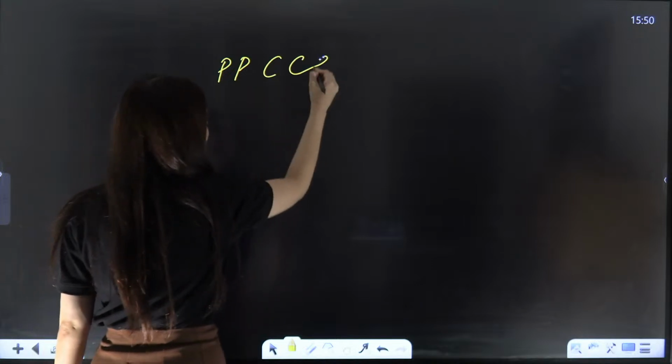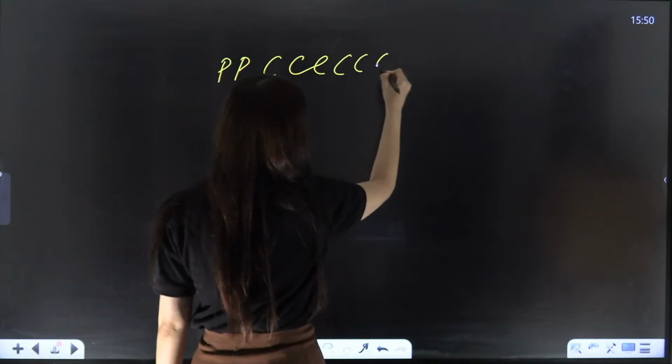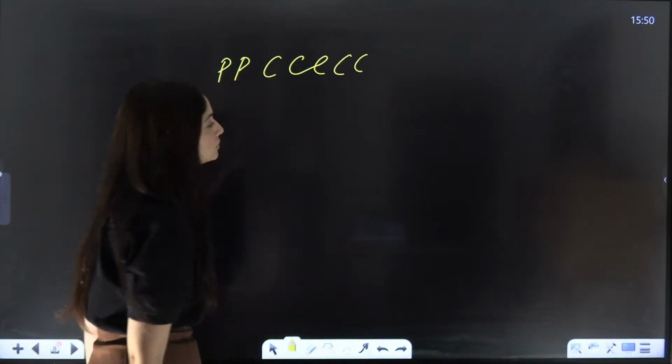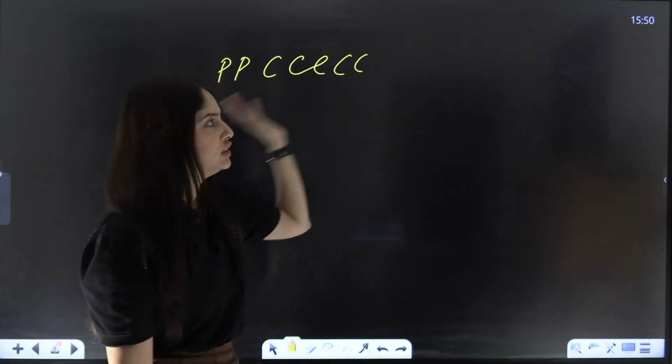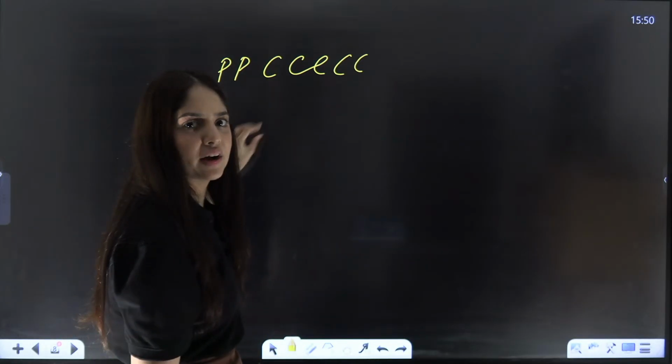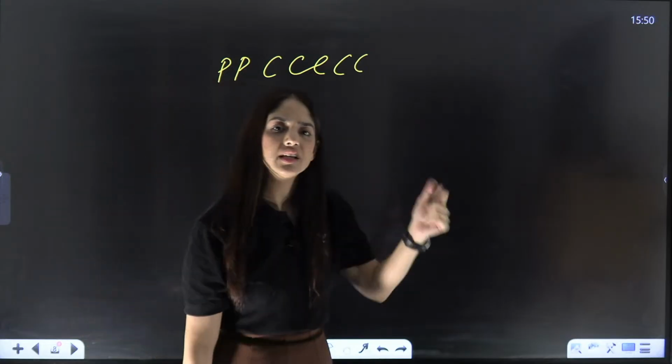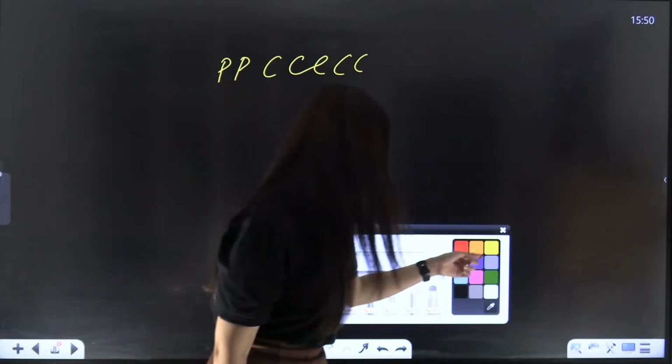See, we had to arrange 2P and 5C, right? How many arrangements? We did see that we arrange all of them 7 factorial and divided by 2 factorial and 5 factorial, we get it. But is there another way of looking at it?